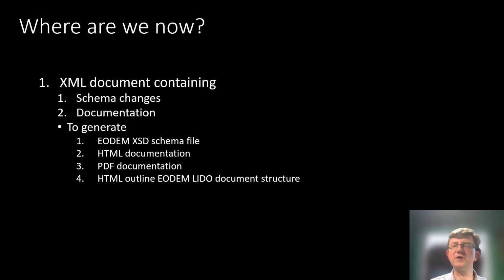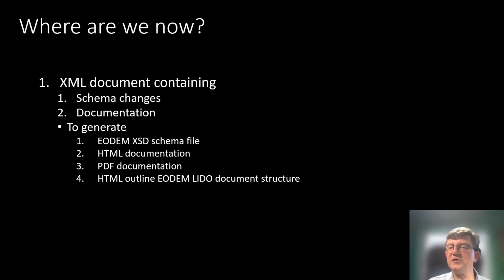And this single document can then be used to generate an XSD schema file to validate EODEM LIDO records, human-readable documentation in HTML and in PDF comprising a list of units of information and how to extract them from the EODEM document, and this will help developers to query documents for import.